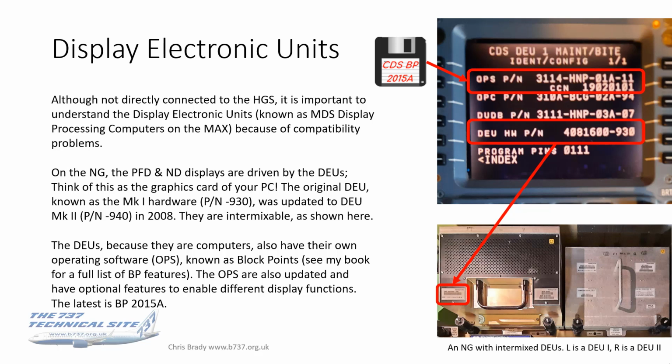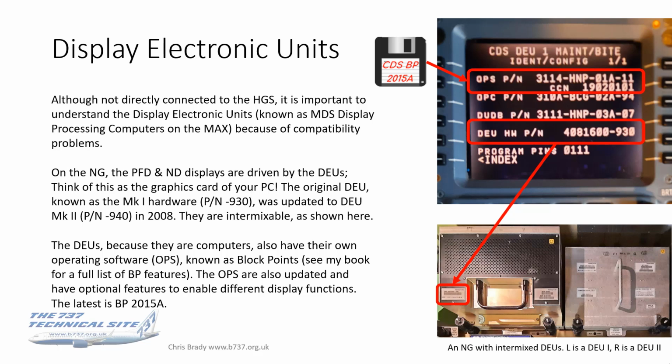Now these softwares are also updated and have different optional features, just like we were looking previously at all the software and optional features with the HGS Phase 5. Now we're talking about the DEUs and their software and their options. There are different features which you can enable or otherwise to enable different display functions on the PFD and the ND. And the latest is Blockpoint 2015 Alpha.